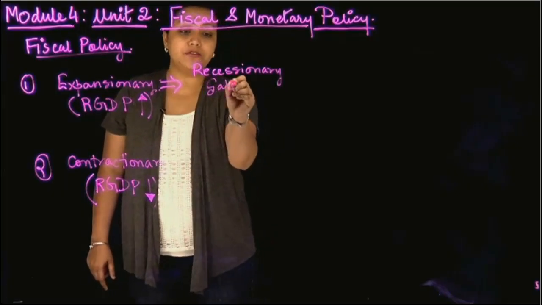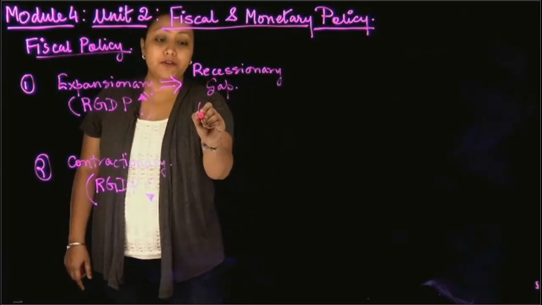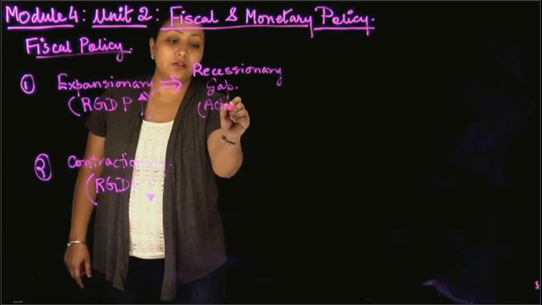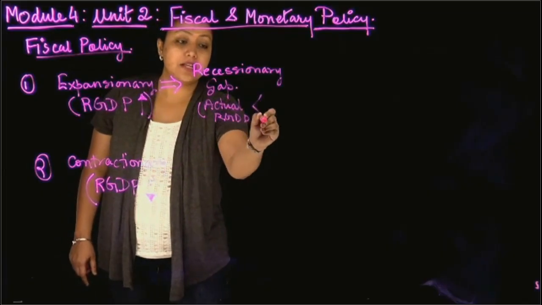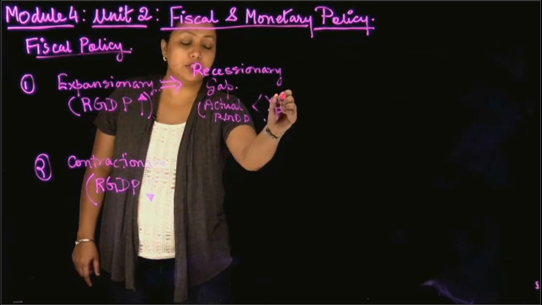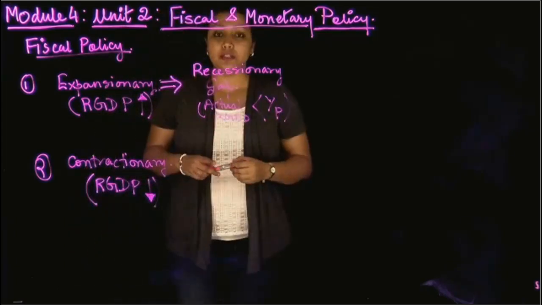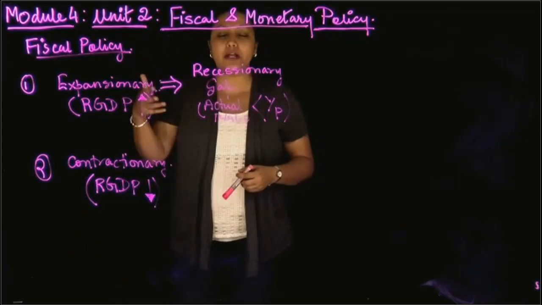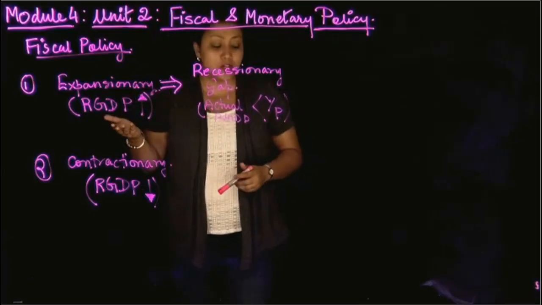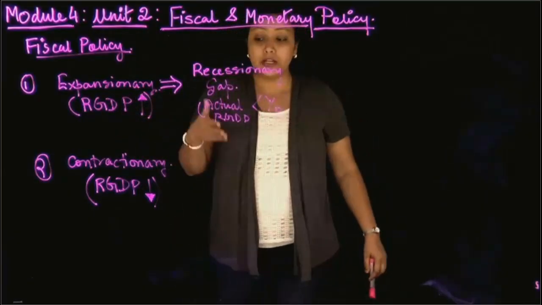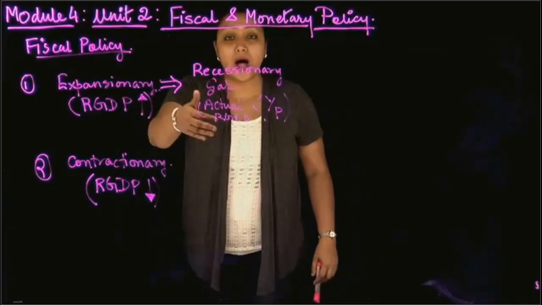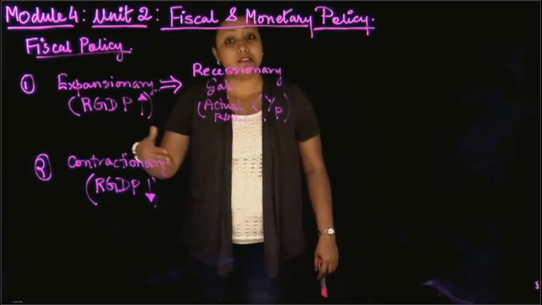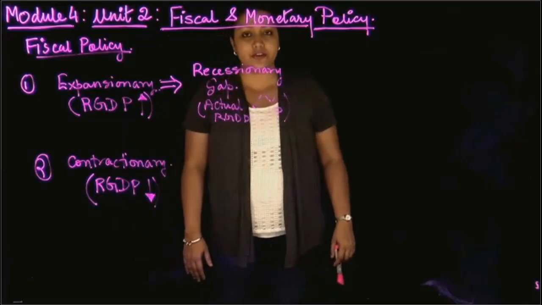I am not going into the details here, but you can look at the module 4 unit 1 videos on the ADAS model, and you will understand exactly what we mean by the recessionary gap and why increasing the real GDP is necessary.